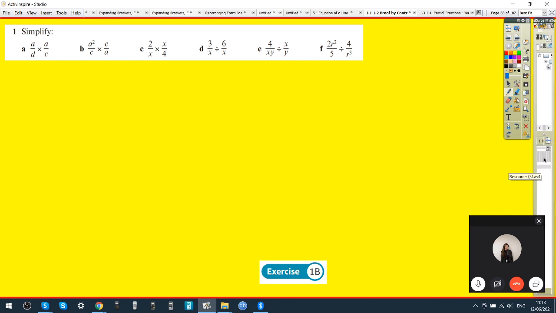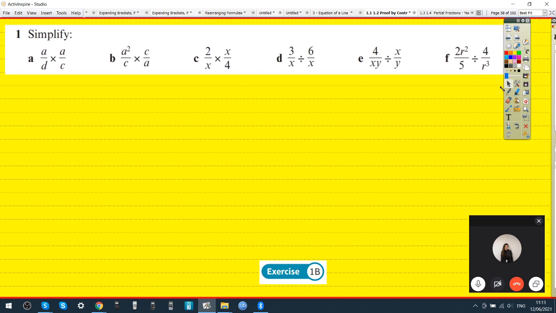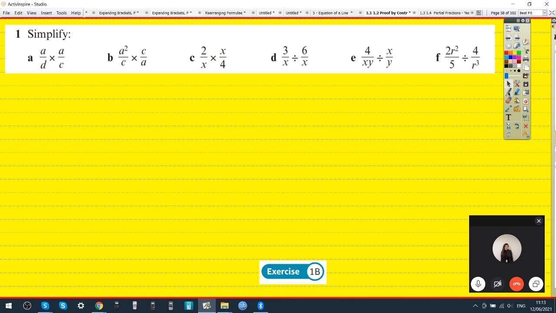Let's see. I like the look of the last one. Yeah, how about that last one? F. So you make it multiplied by r cubed over 4.